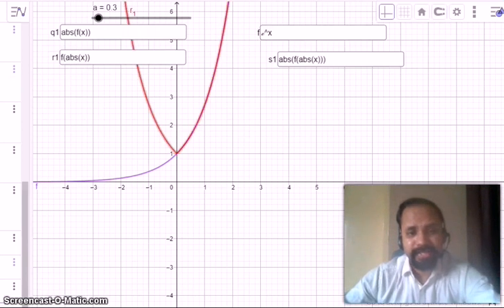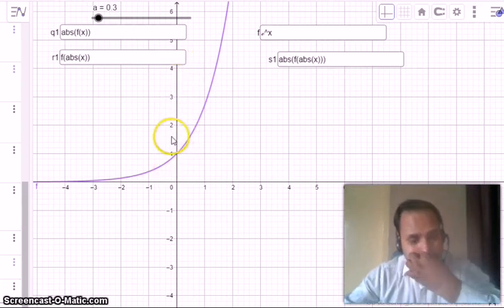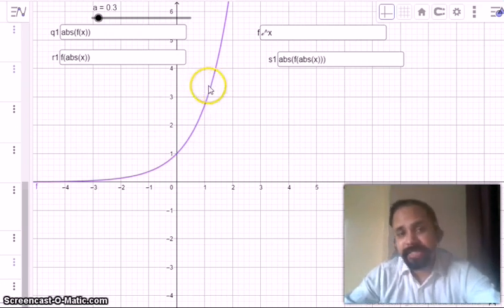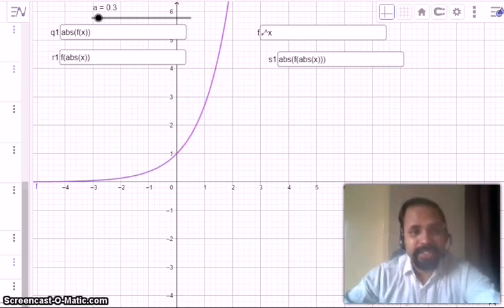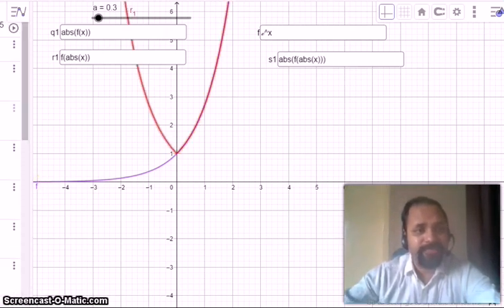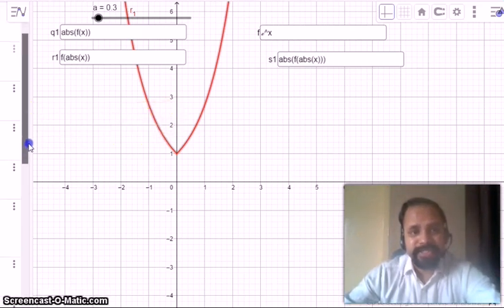As I told you, leave the part that is on the right side of the y axis, omit the left part, then consider the y axis as a plane mirror and draw the image of the graph on the right side of the y axis. Then this will be the graph of e to the power mod x, and the complete graph will be this one. You can see the change.